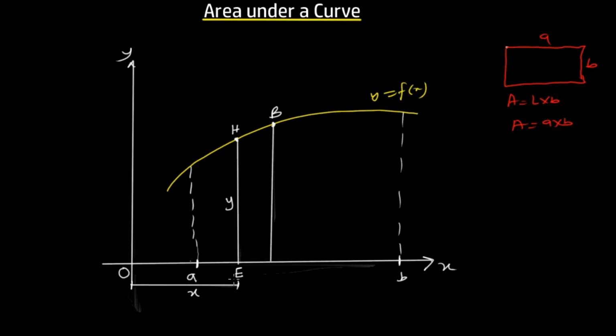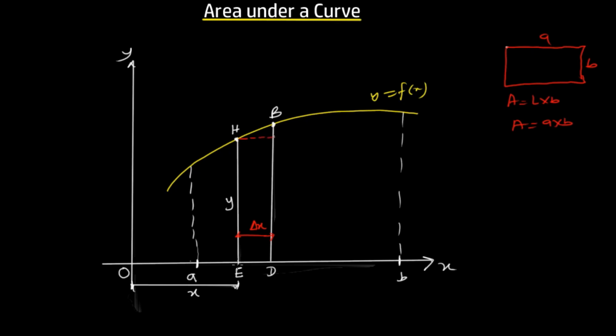This is x from point O to E, and there's a little change from the line EH to the line DB, where this is D. So there's a little change in x over here. The same thing is applicable at the top.